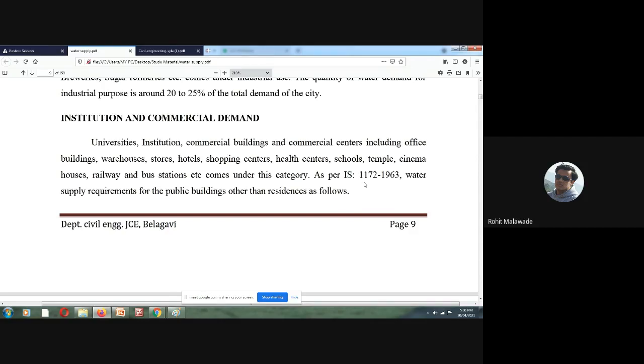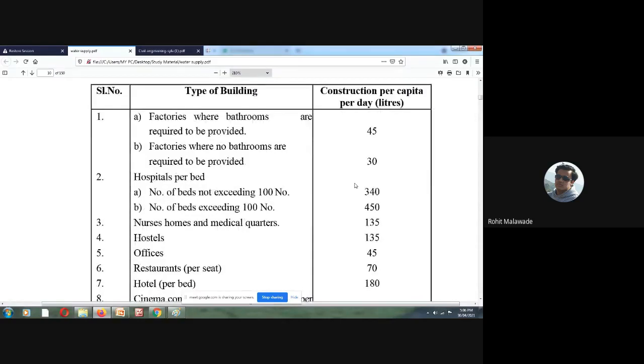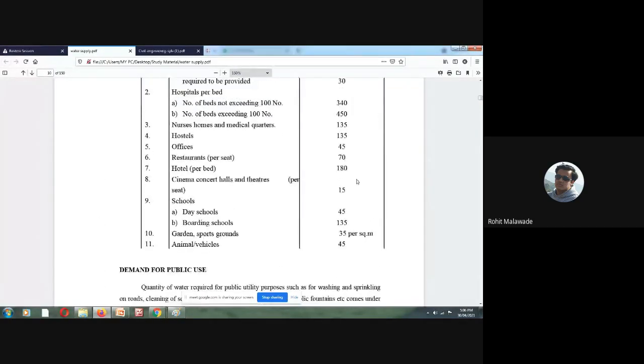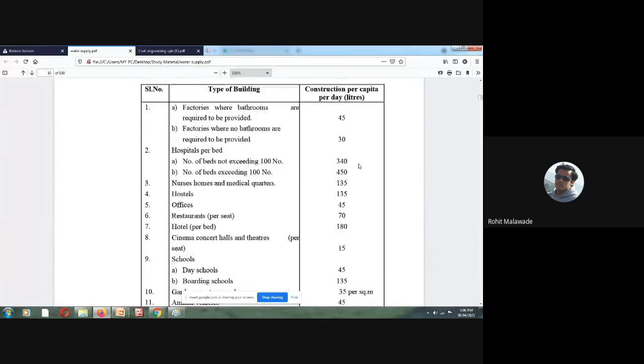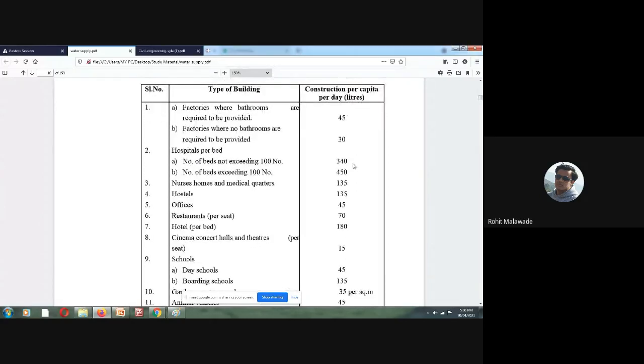The water required in these types of buildings is defined as shown in this table. We have three columns: serial number, type of building and construction, and per capita requirement.